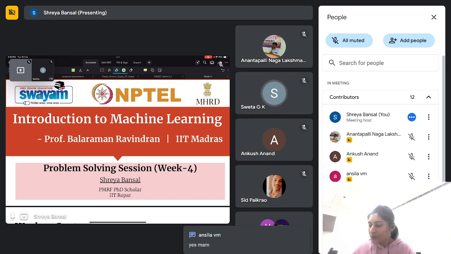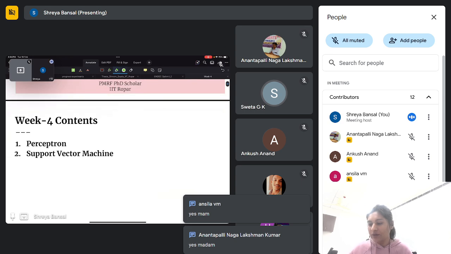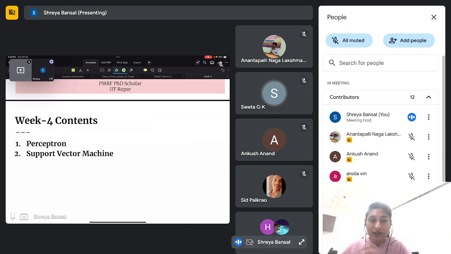Okay, let's start. In this week we will be learning about perceptron and support vector machine, and we started the basis of these two topics last week. We started with the introduction to machine learning, then learned linear regression properly, and after that went on to linear classification.